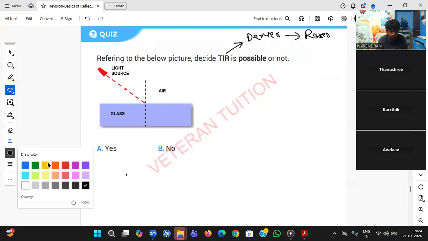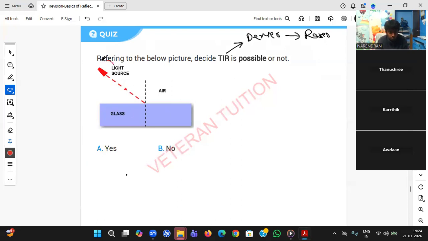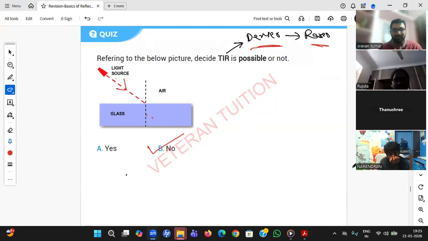You see, where is the light coming from? Light is coming from the torch. Please see the direction of the arrow. This will happen in your exam. Now light is coming from air to glass, rarer to denser. No, the first condition is denser to rarer. Understood?